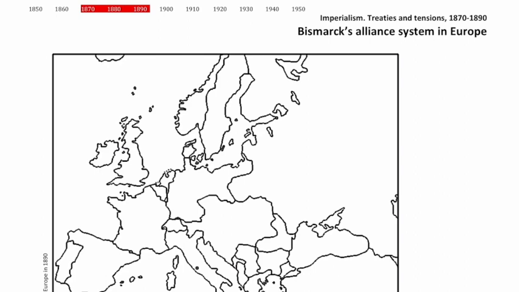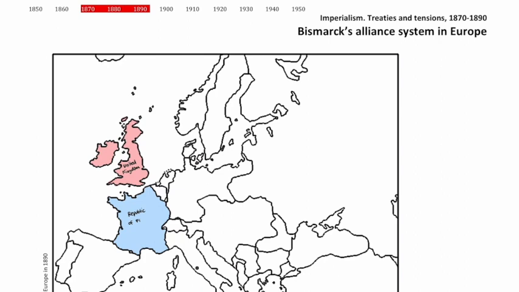Our first task is to label the map. And we start with these red islands in the Northern Sea and the Atlantic Ocean. So this is the United Kingdom, of course. And in blue, below or southbound from the United Kingdom, we have the Republic of France.